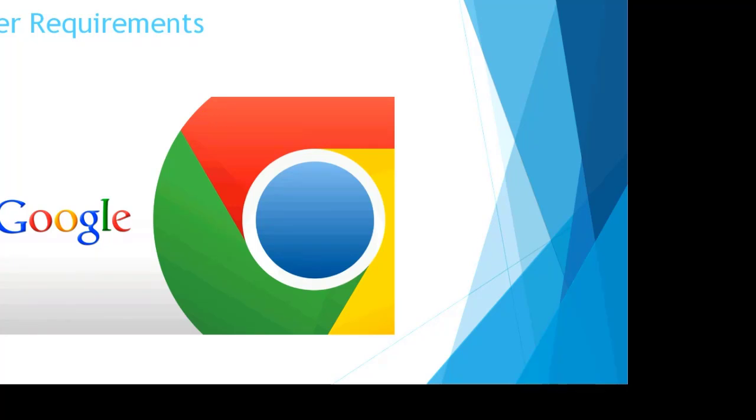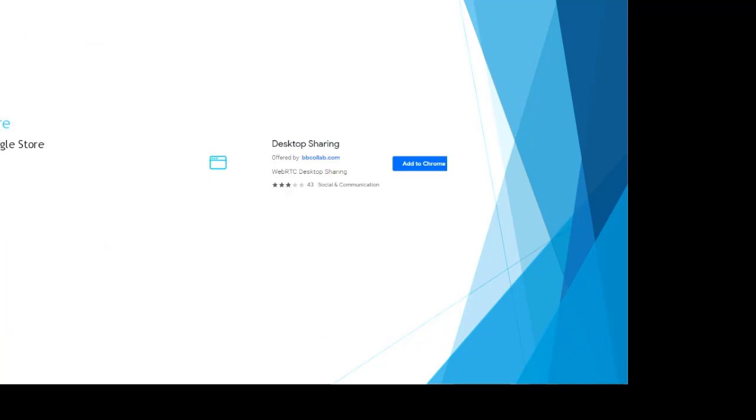You also have to have a screen share, desktop sharing extension. So before you do a Collaborate session, even if you just start setting it up, it's going to tell you that you need to have this desktop sharing extension before you can share any screens. So you will have to go to the Google store, and if you've never done that before, there's a little icon that looks like a square with several little squares in it, with several colors, and it just says apps.